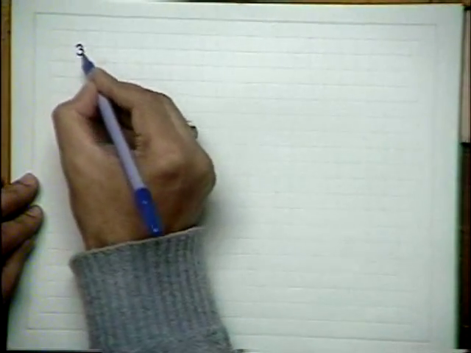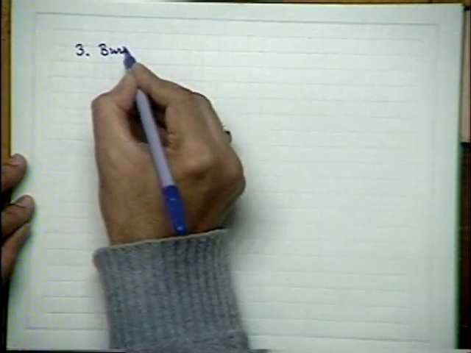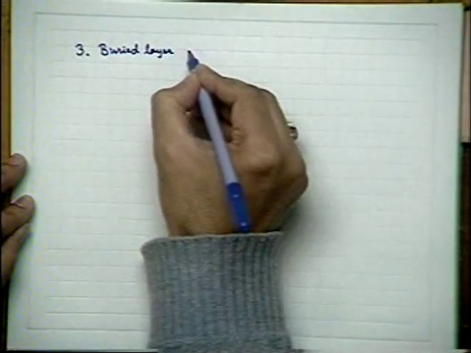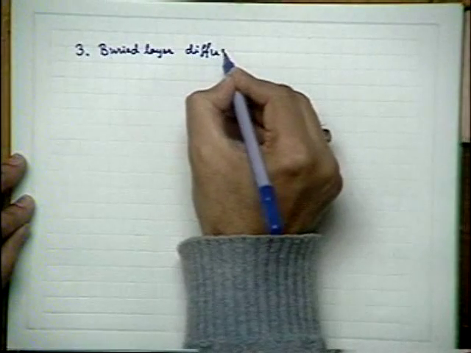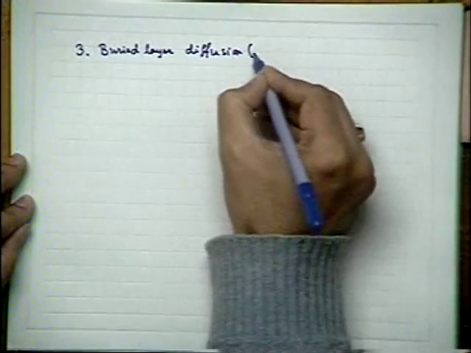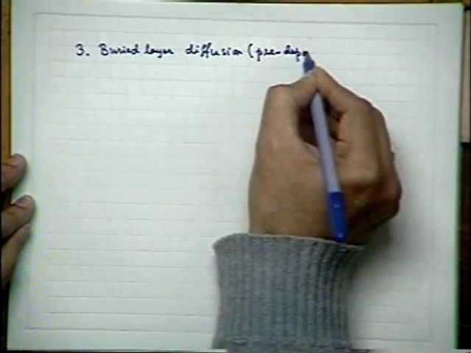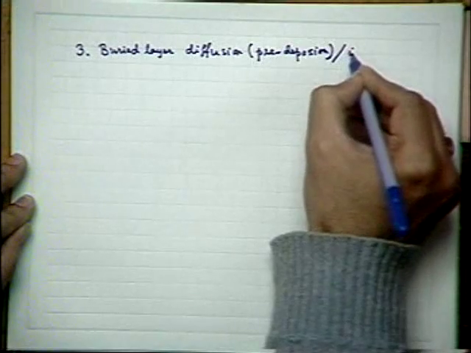Third step is buried layer diffusion, also called pre-dip, pre-deposition, or implantation.